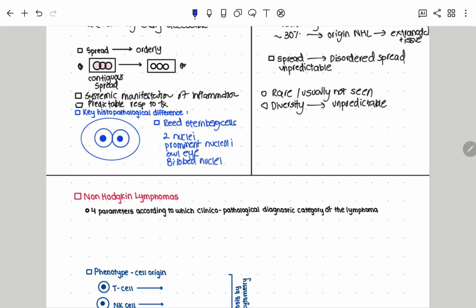In the case of non-Hodgkin's lymphoma, these are simply not present. So Reed-Sternberg cells are absent.